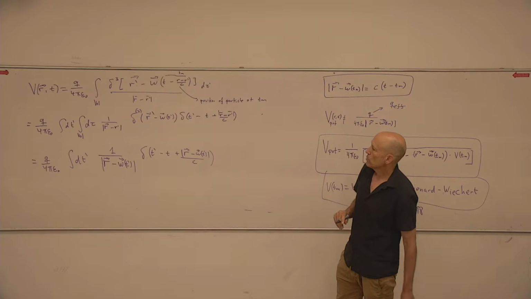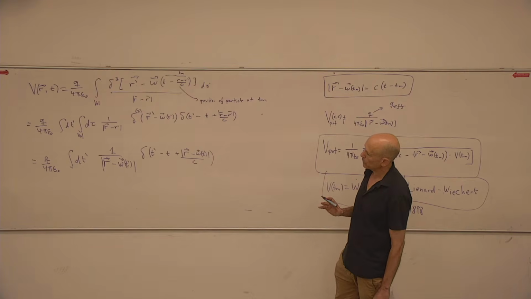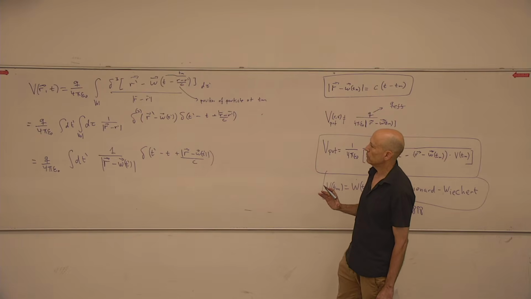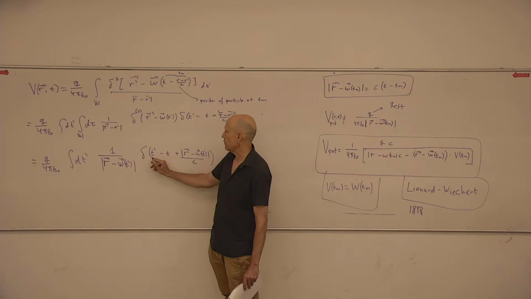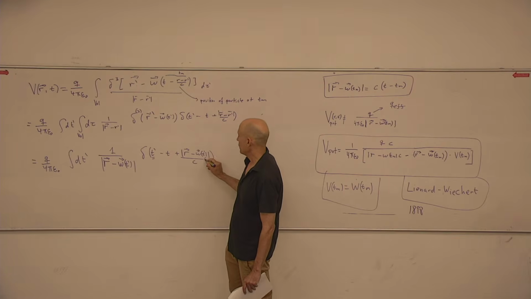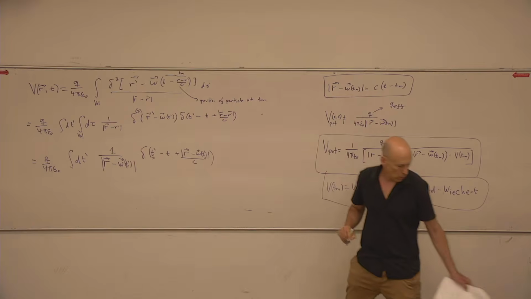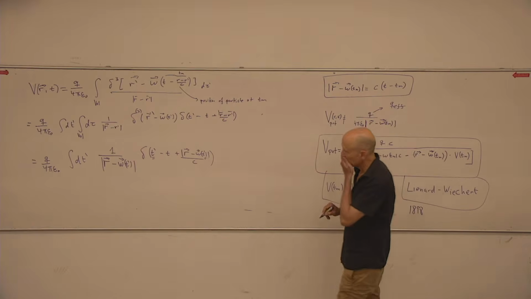Okay? So now I have a one-dimensional integral, but it's still not exactly nice, because you see I have here t prime and I have here t prime.